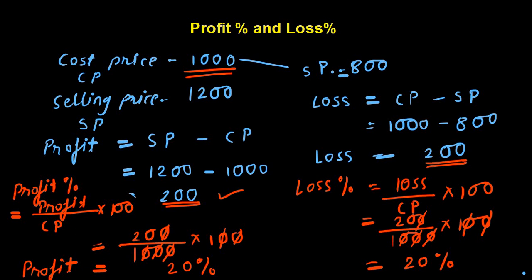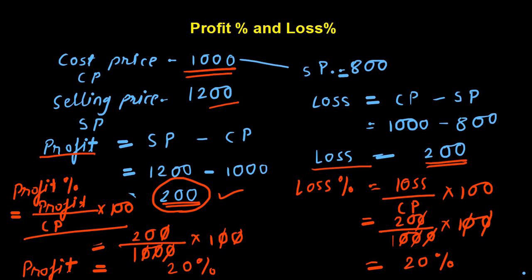Now you understood, it's a very simple concept. First of all, you need to find the profit or loss, whichever they ask you. I have taken the same example to explain both profit and loss percentage. For that you need the cost price and selling price so that you can find the profit. Once you find the profit, use this formula: profit divided by cost price multiplied by 100.